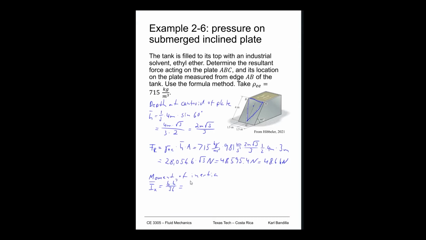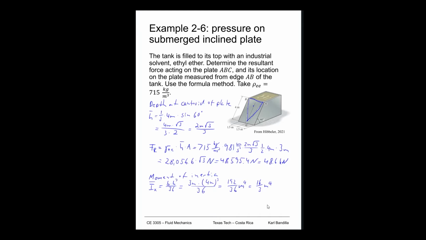In our case, that's 3 meters times 4 meters cubed divided by 36. That gives us 192 over 36 meters to the fourth, which is what we want. We can simplify this to 16 over 3 meters to the fourth. That's our moment of inertia.